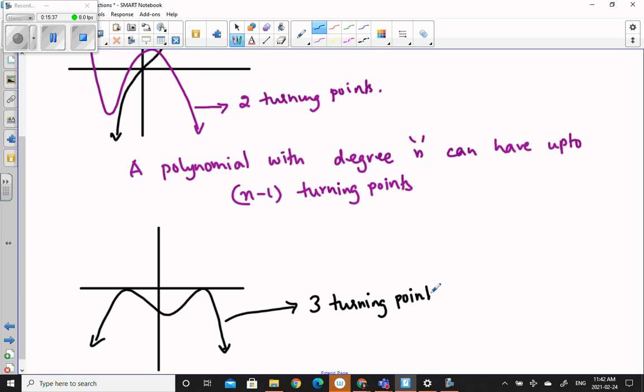That's the maximum it can have, and it has a degree of 4. So n is equal to 4 in this case. The leading coefficient is negative, but it has maximum, minimum, maximum, so 3 points. So for n equals 4, you can have a maximum of n minus 1, or 3 turning points, as you can see over here in this example.